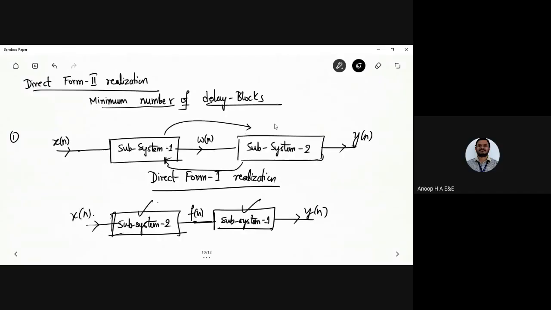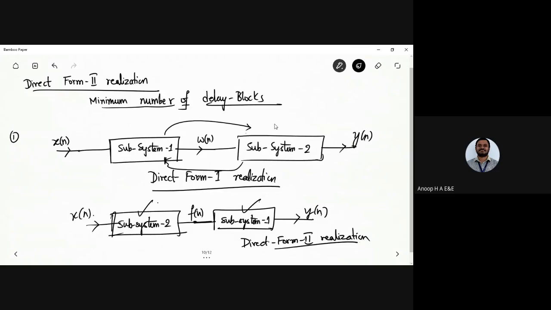This is subsystem 2, and this is subsystem 1. So now I have interchanged the subsystems, and after interchanging I can realize it by direct form 2 with the minimum number of delay blocks. Direct form 2 realization.